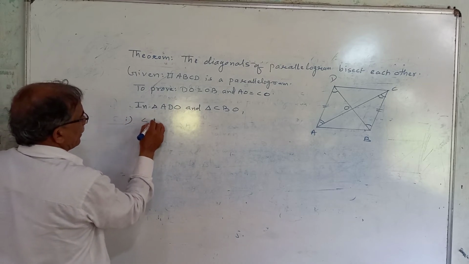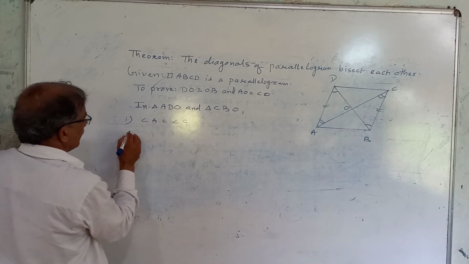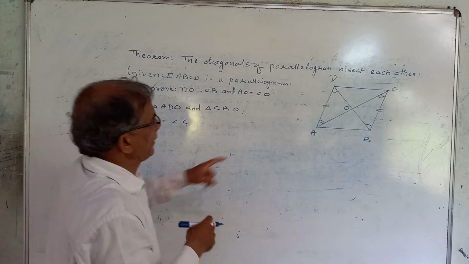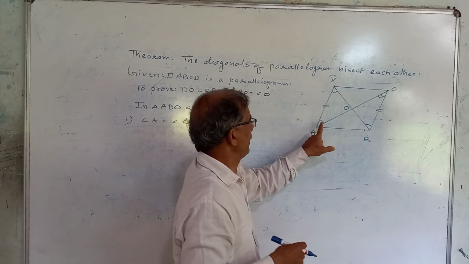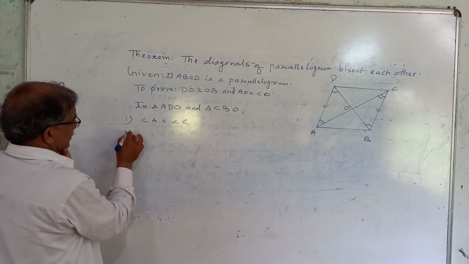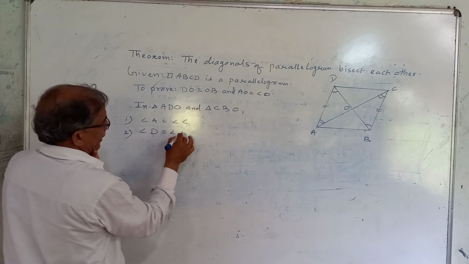Angle A is equal to angle C. I am writing simply angle A because in triangle ADO this angle means angle A1. Okay? Then second, angle D is equal to angle B.